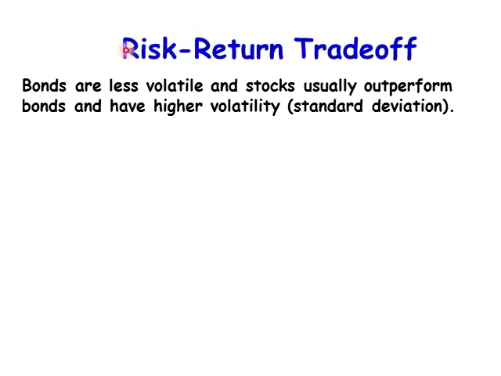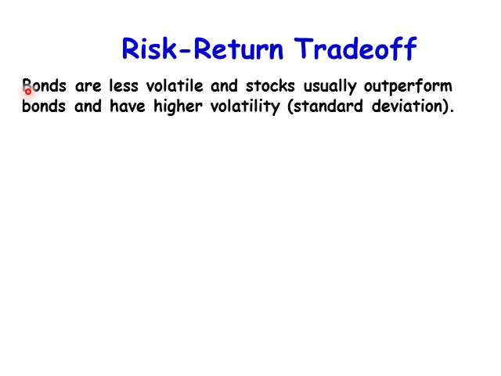Now we have to look through risk-return trade-offs to figure out what is a reasonable portfolio for any investor to meet their risk tolerance. Bonds are less volatile, and stocks usually outperform bonds and have higher volatility, which is the standard deviation and also called risk.